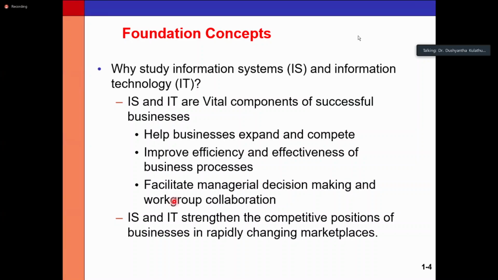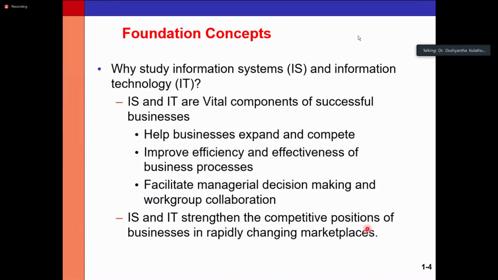We can utilize information systems and technologies to support their work group collaboration. Those are 3 main important aspects which are facilitated by information systems and technologies, and that is why they are considered vital components of organizations or successful businesses.